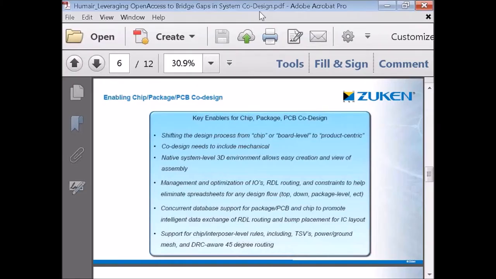So whether we're talking about the actual IC design or even an interposer, having a system that allows you to manage a very flexible flow to do your I/O management and RDL routing constraints is critical. So these are some examples of key elements that we thought we were going to need to enable this whole true single unified co-design environment. So if we can get to the next slide.